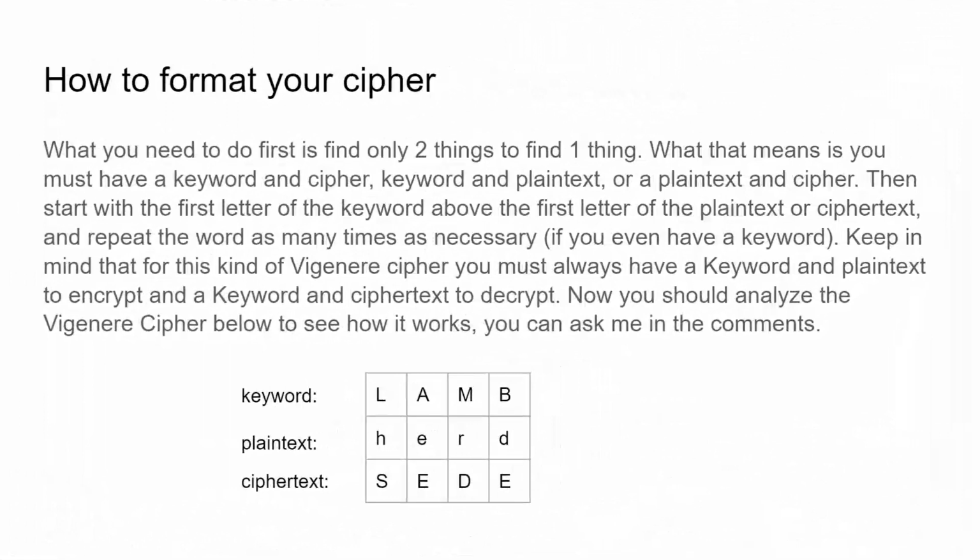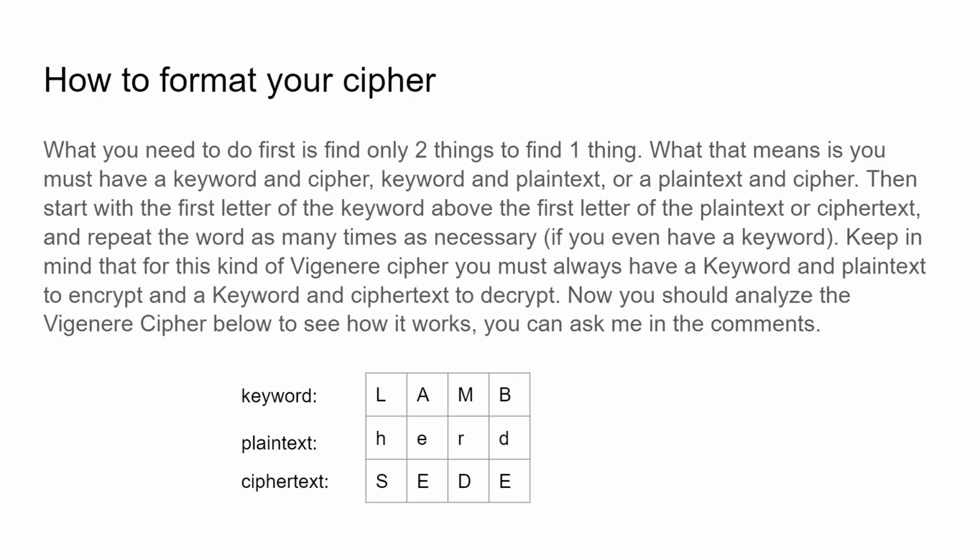Here's how to format your cipher. What you need to do first is find only two things to find one thing. What that means is you must have a keyword and ciphertext, a keyword and plaintext, or a plaintext and ciphertext. Then start with the first letter of the keyword above the first letter of the plaintext or ciphertext, and repeat the word as many times as necessary, if you even have a keyword, of course.